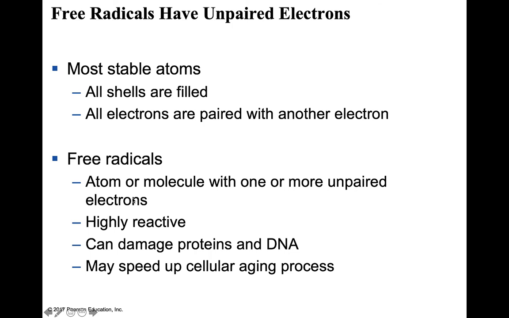Free radicals are atoms or molecules with one or more unpaired electrons. Another term that you're going to hear for this is highly reactive species. Also, these are things that contribute to oxidative stress. They've been tied into cellular aging, and they can also damage proteins and DNA.